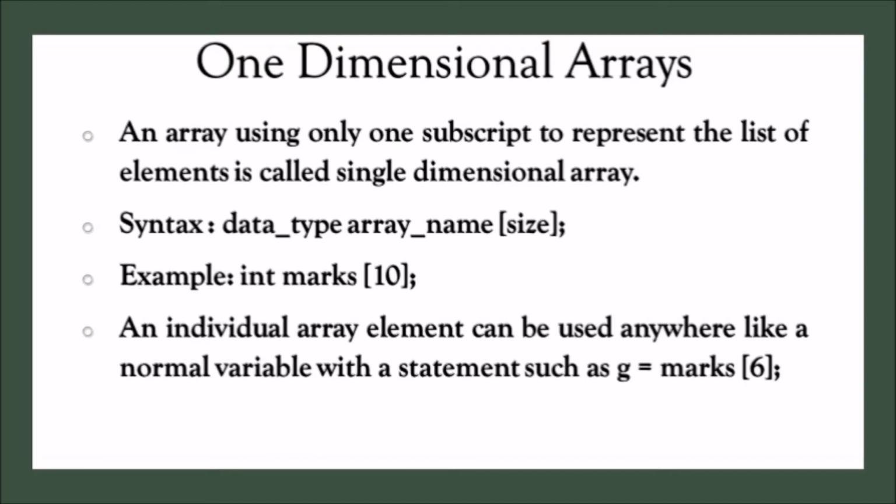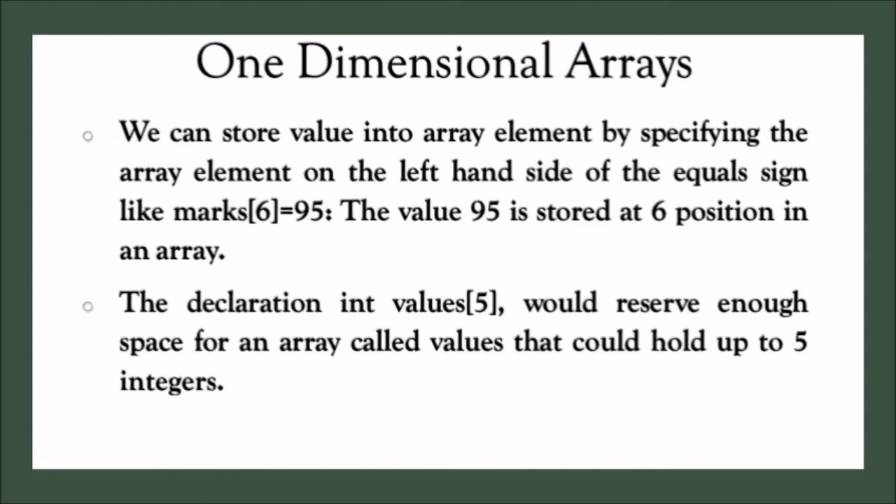An individual array element can be used anywhere like a normal variable, with a statement such as g = marks[6]. Now we can store a value into an array element by specifying the array element on the left hand side of the equal sign, like marks[6] = 95.